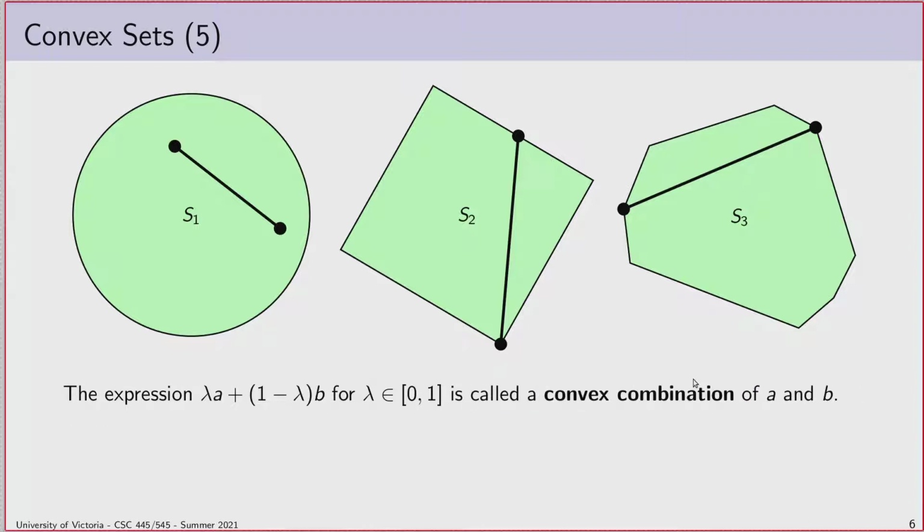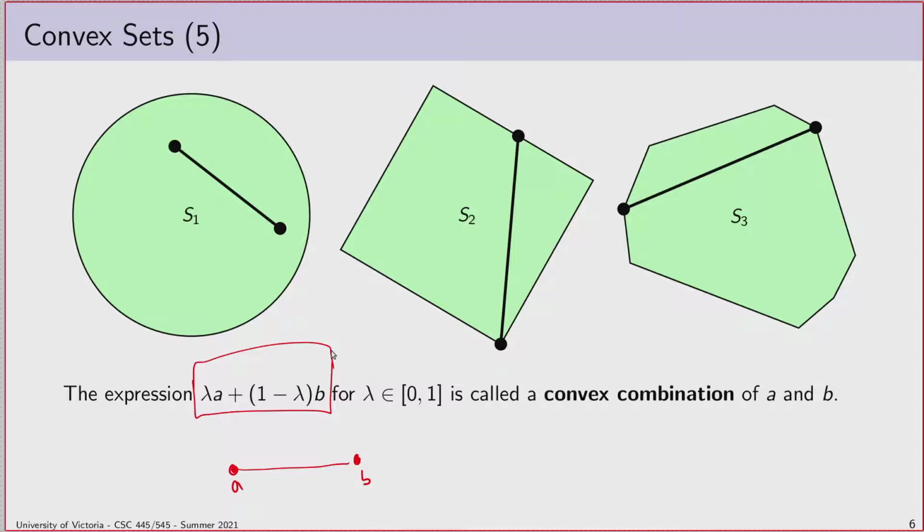It's also worth noting a bit of terminology. When I have 2 points A and B, and I refer to this particular expression, lambda times A plus 1 minus lambda times B, you might notice this is actually a sort of weighted average, because lambda is between 0 and 1. Notice that if lambda is 0.5, we have 0.5 times A plus 0.5 times B. So this thing here is called a convex combination.